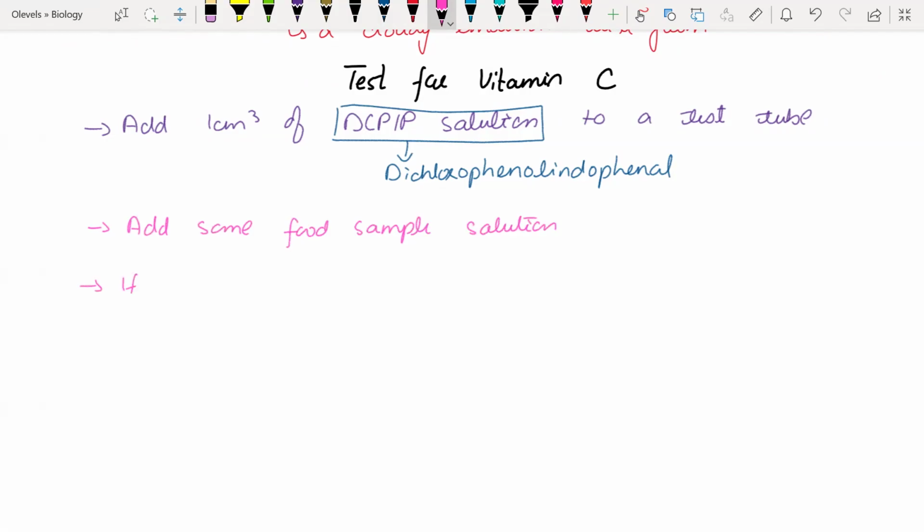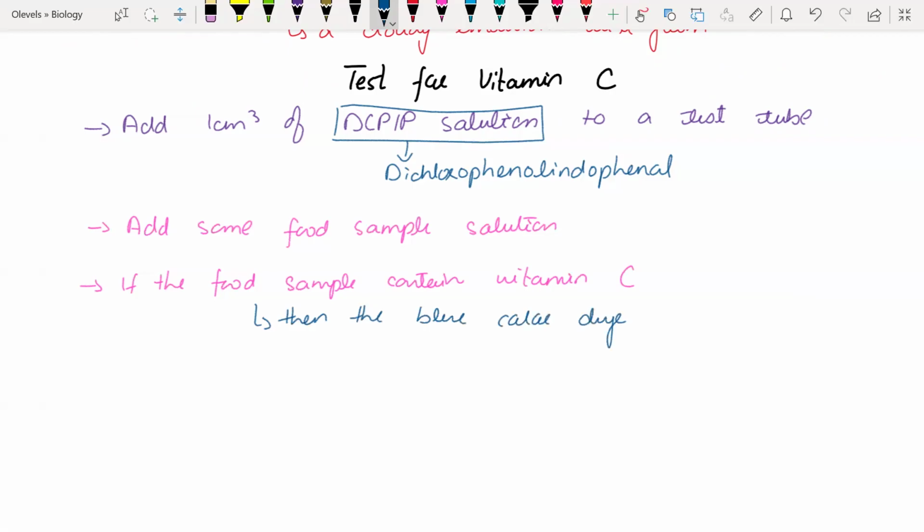Now, if the food sample contains vitamin C, then the blue color of the dye DCPIP will disappear.